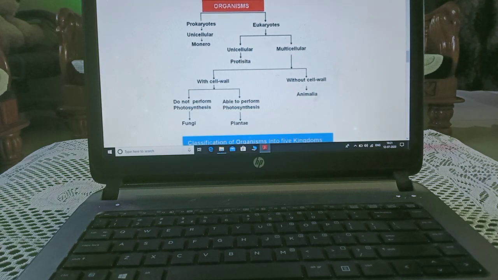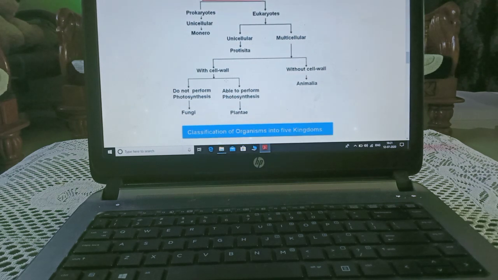Now these multicellular organisms were divided into two parts, those having the presence of a cell wall and those having the absence of a cell wall. Those having the absence of a cell wall were known as Animalia and those having the presence of a cell wall were kept under the plant category.